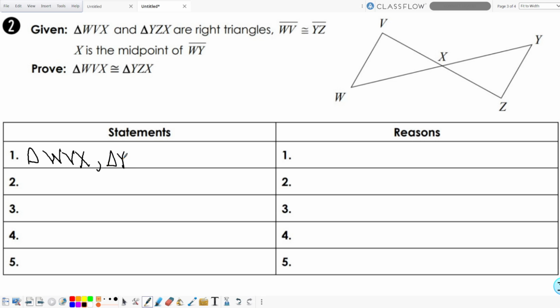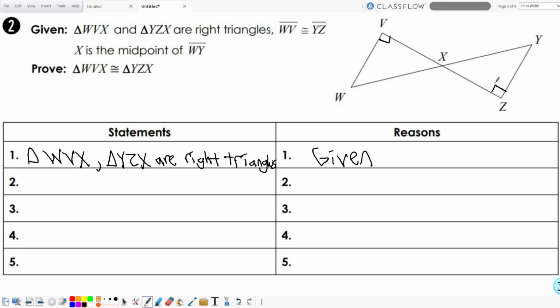Triangle YZX are right triangles. Alright, and the reasons given. So what that's going to mean is that the angles that look like right angles are going to be our right angles. So I'm going to mark them right there and right there.